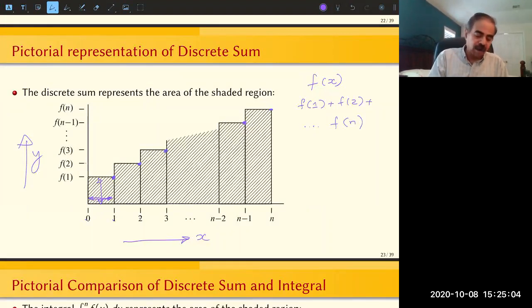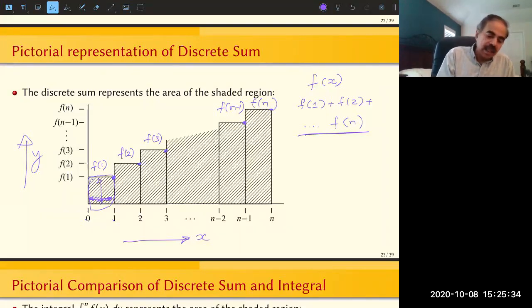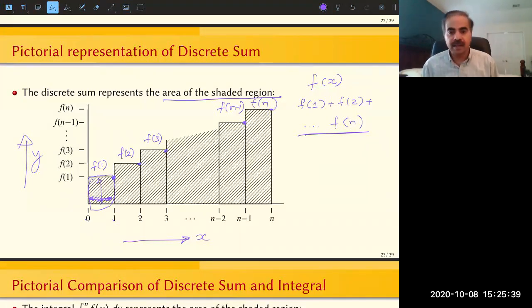Because it has unit width, the area of this rectangle is f of 1, the area of this one is f of 2, f of 3. Therefore, the summation that we want is nothing but the area of the shaded region, because the area simply corresponds to the areas of these rectangles.